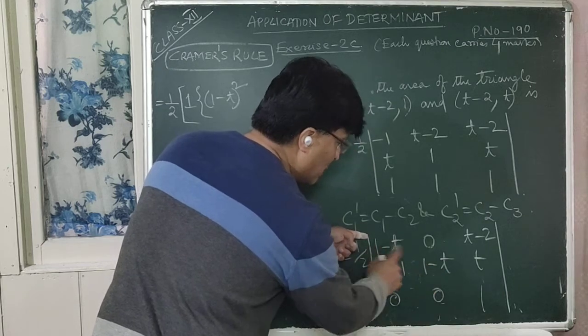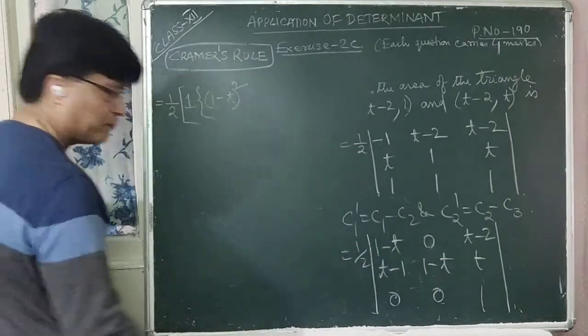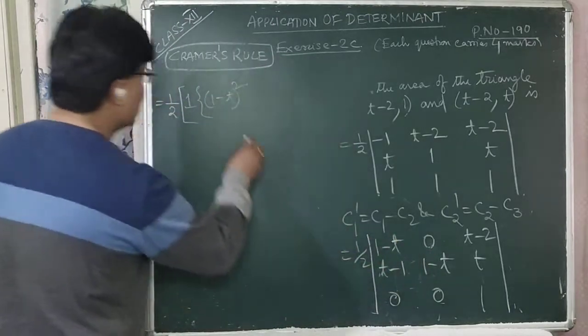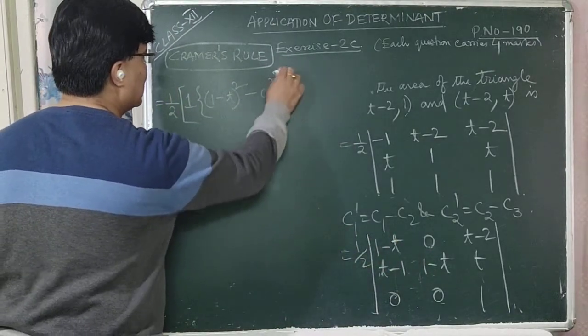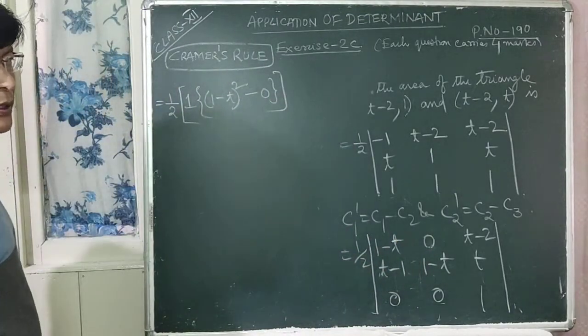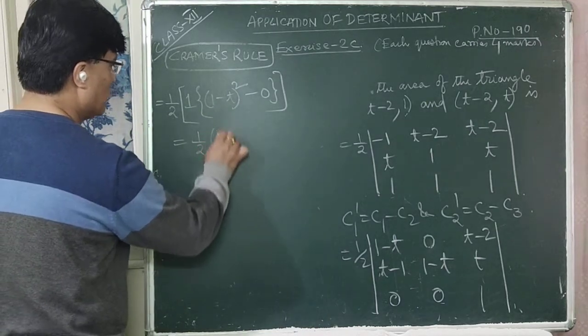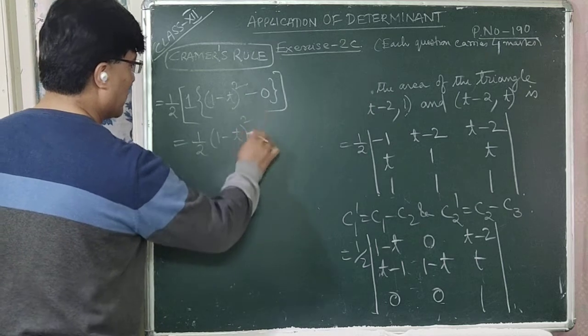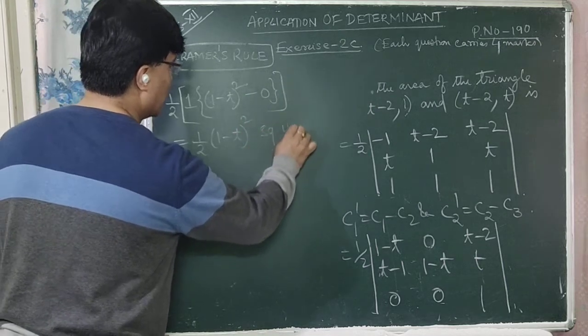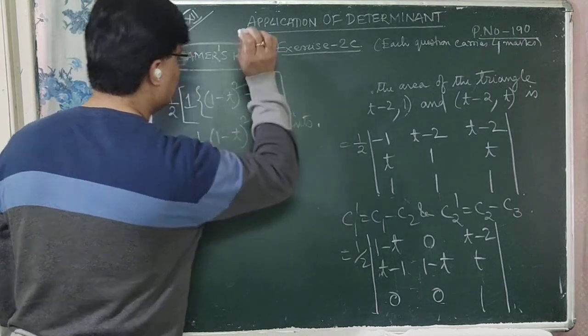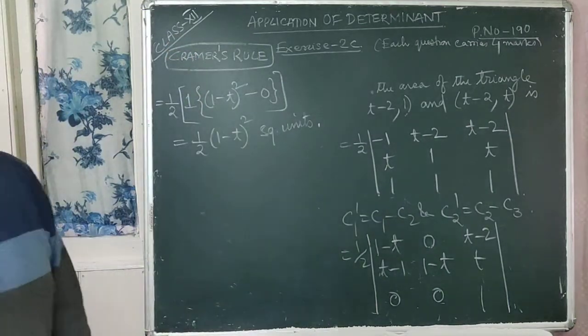Now cross multiply 1 minus t into 1 minus t, 1 minus t whole square. And then t minus 1 into 0 is minus 0, right? So this is the area, which is equal to half into 1 minus t whole square. This is square units. So this is the area of the triangle.